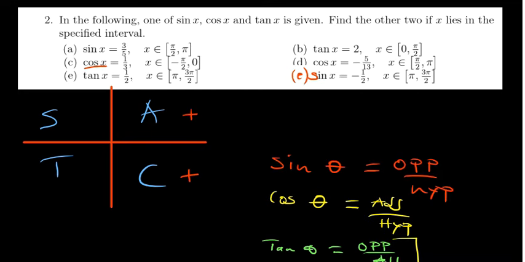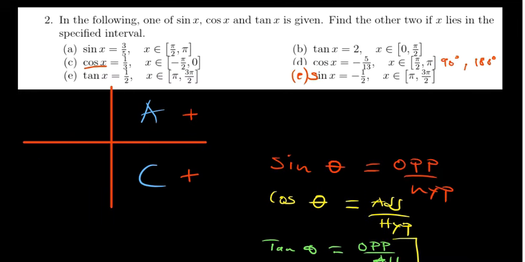Now if you look at the domain we're given, we are told the value of x is between 90 and 180. Pi over 2 is 90 degrees, and pi is 180 degrees. Looking at the part which can give us cosine to be negative, it's in the second and the third quadrant.